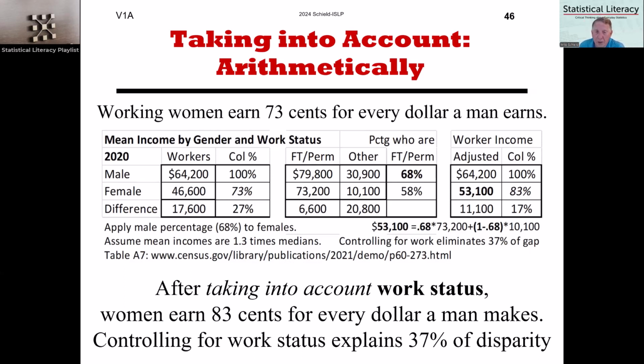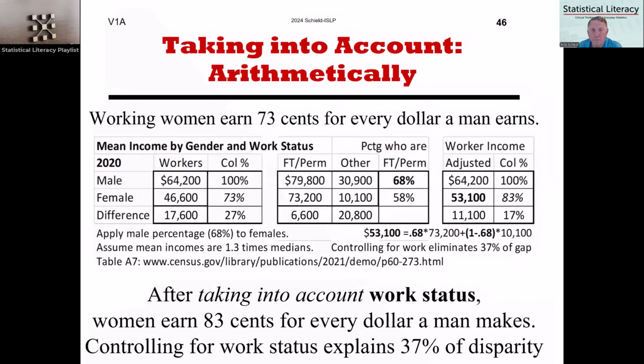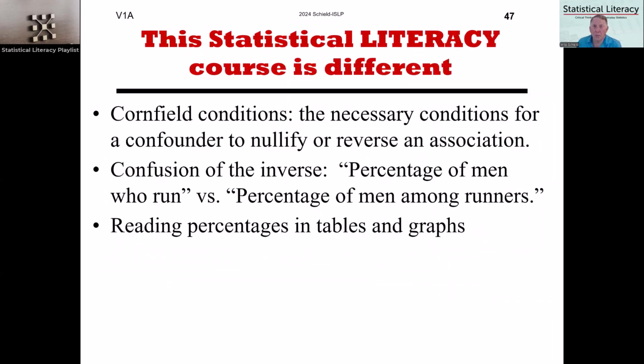Provided the predictor is binary and the confounder is binary, there's no problem. This course has some other things that are very different. The cornfield equations, the necessary conditions for a confounder to nullify or reverse an association. Now, you know about the percentage of the inverse, the confusion of the inverse, but do you know it in ordinary English?